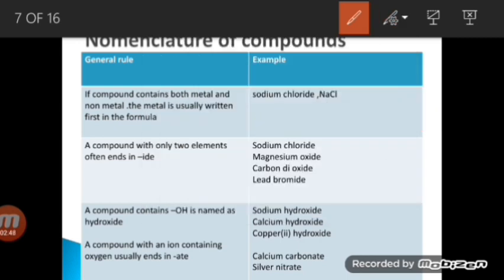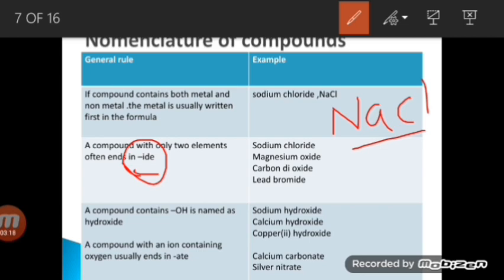The next rule is that a compound with only two elements often ends in -ide. IDE is the suffix which will be used whenever a compound is composed of only two elements. And look at their ratio. The ratio is different. It depends upon the compound, but the elements are two in each of the compounds. The first compound is sodium chloride. So why are we giving this name to it?